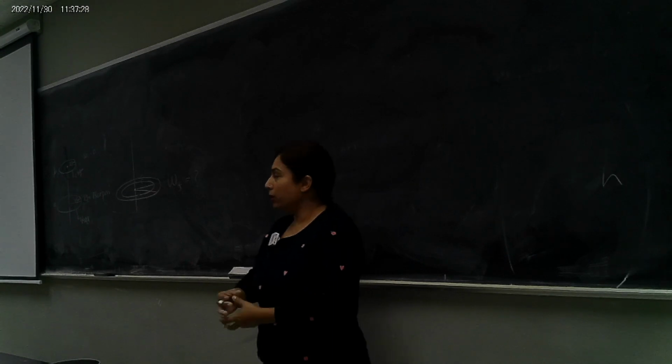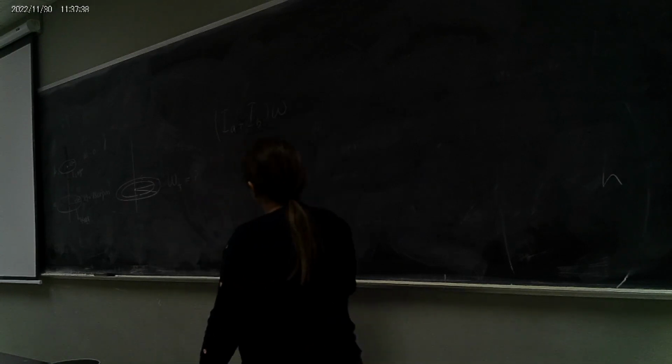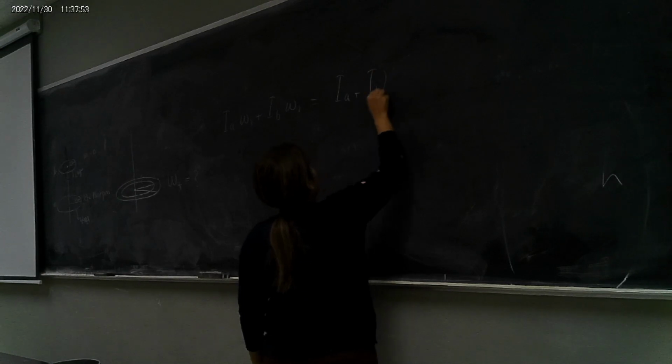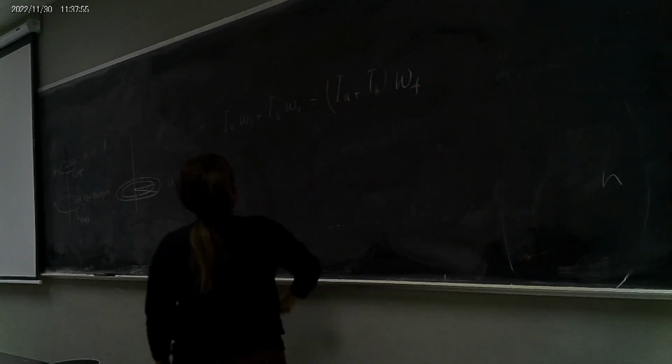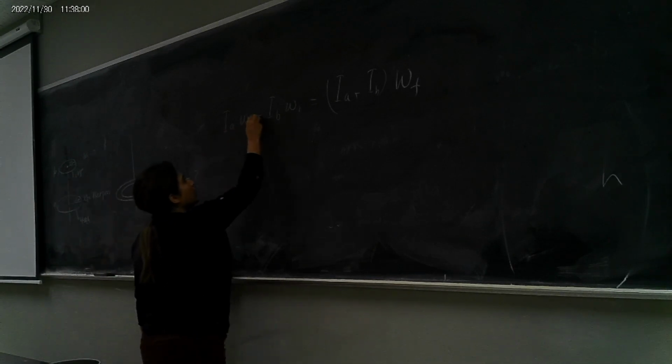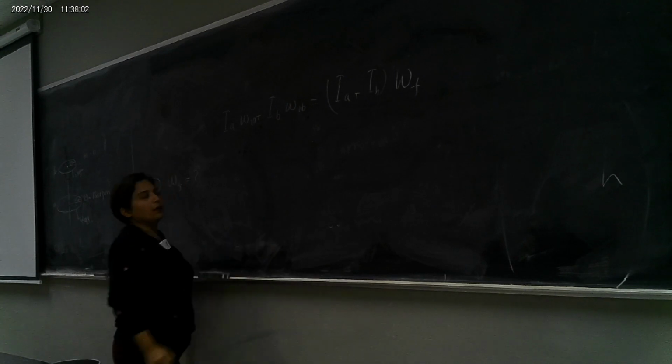So if momentum is conserved, initially I_A omega_i plus I_B omega_i should be equal to (I_A plus I_B) omega_F. Is that equation correct? I can use initial for A, initial for B.